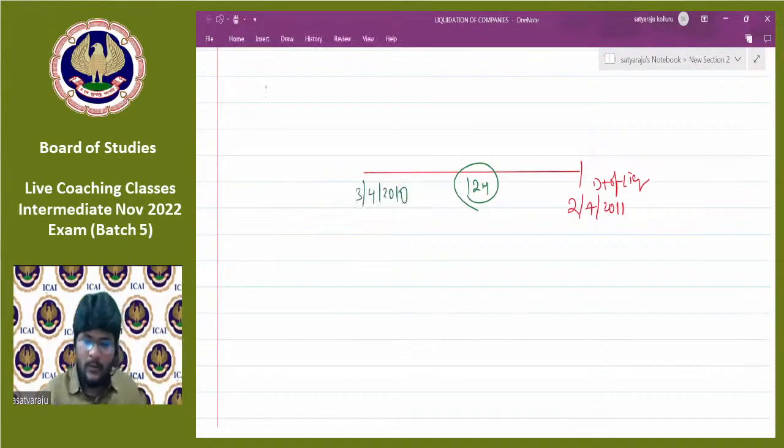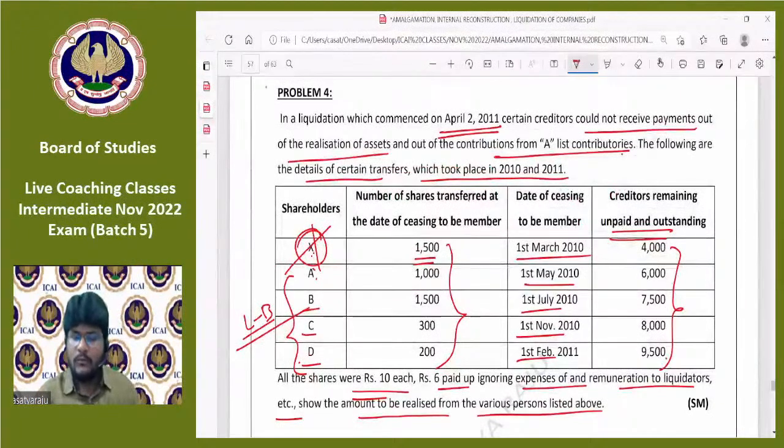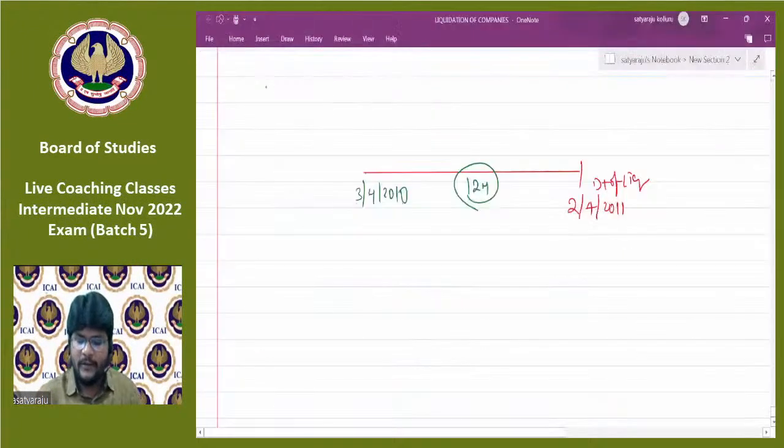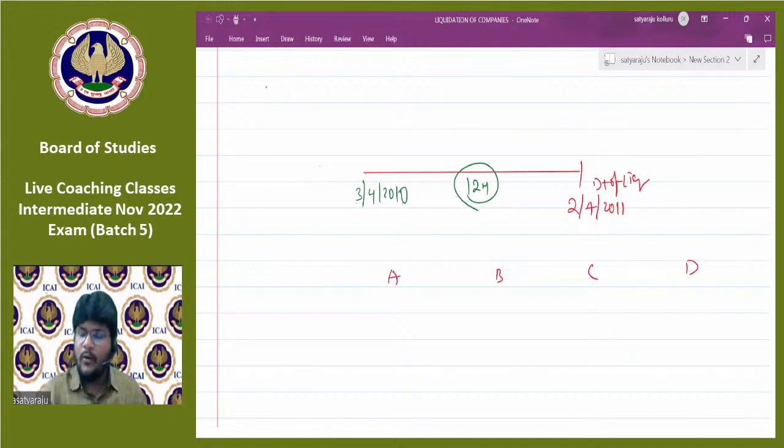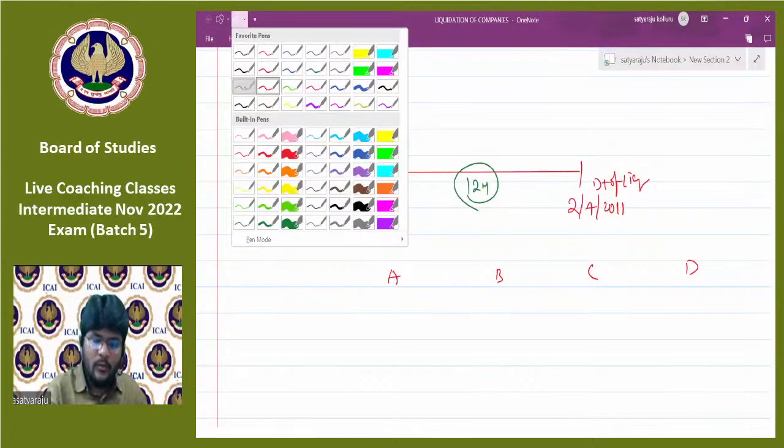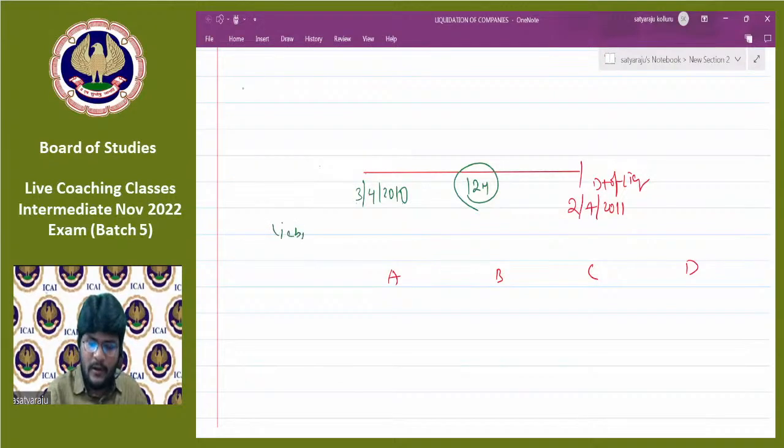Sir, here total parties 4 after exclusion of X. A, B, C, D. What we are calculating? Liability of list B contributories. So this is related to particulars. Concentrate.